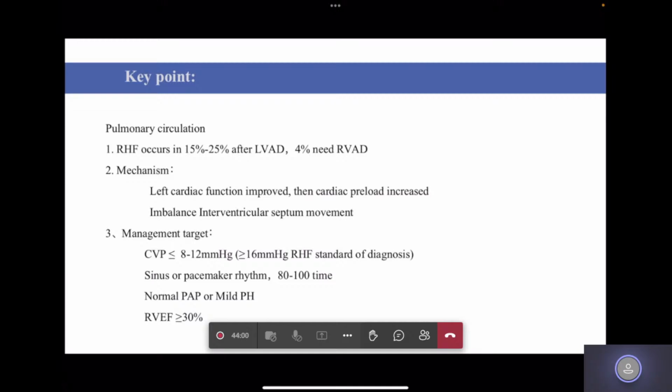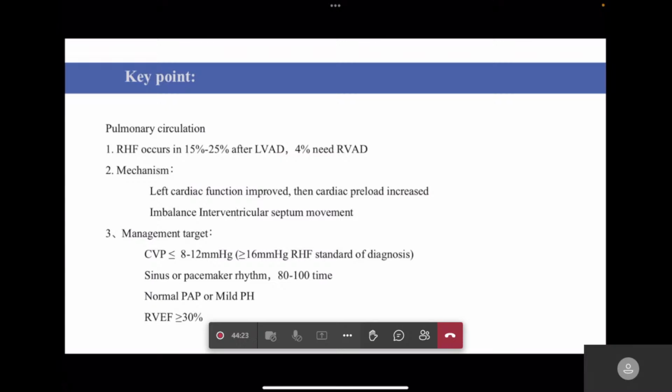To prevent severe right heart failure, the management targets are keeping suitable preload, maintaining central venous pressure between 8 to 12 millimeters of mercury, and proper heart rate, with sinus or pacemaker rhythm.